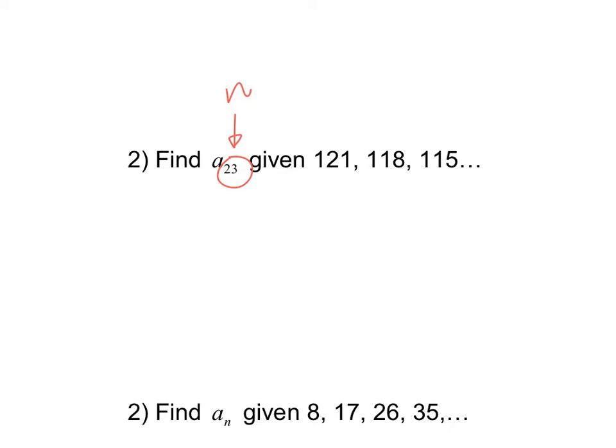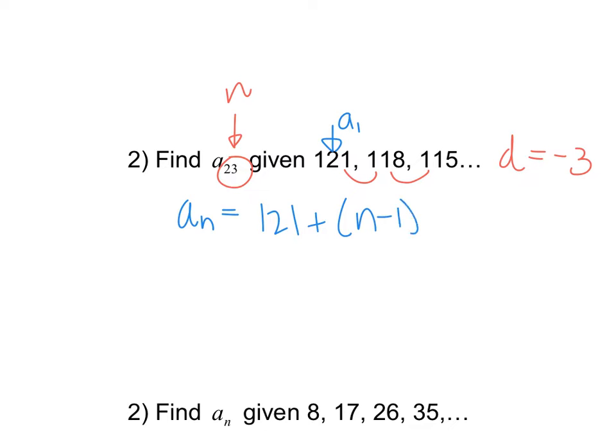Okay, and the first thing you have to do is find the pattern. So notice that we are adding a -3 every time, so d equals -3. Okay. So then we would say a sub n, this is the first term, and then n minus 1 times -3.